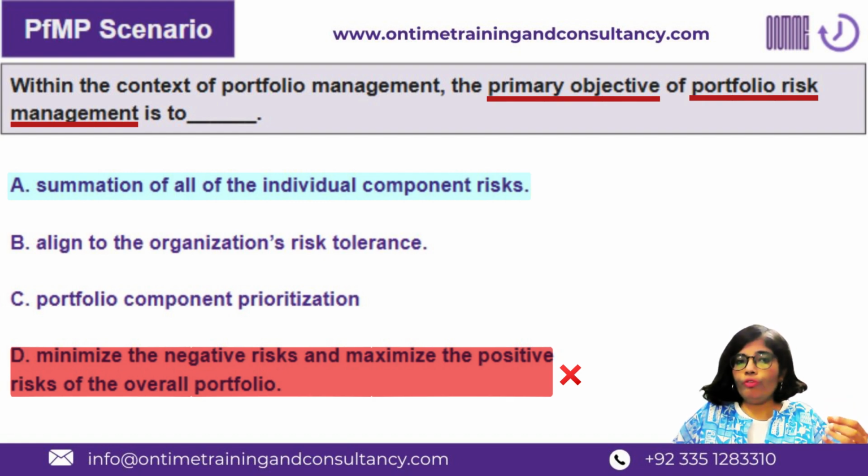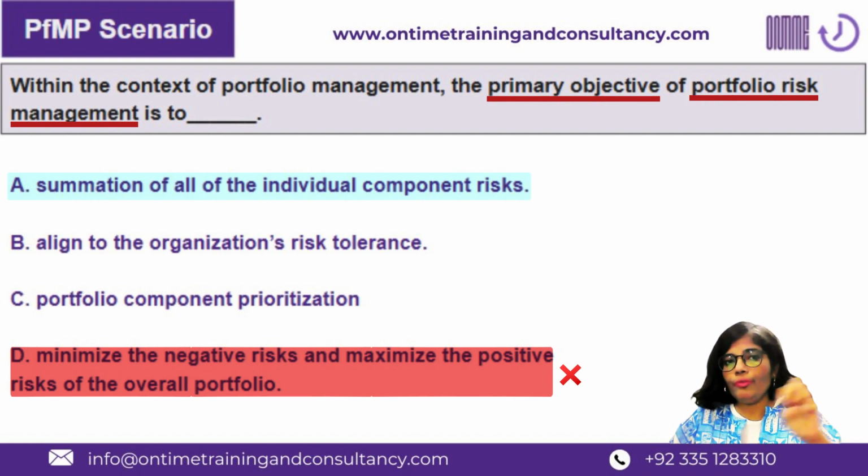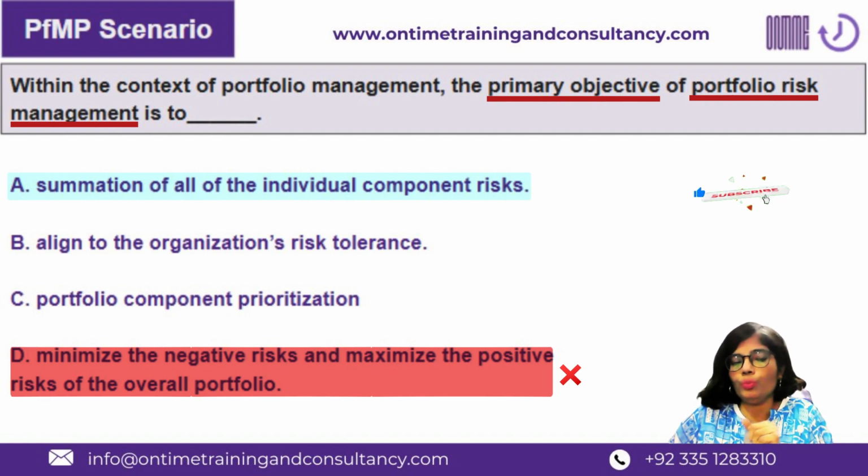If the portfolio risk register is representing the summation of the different project risk registers or program risk registers in the portfolio, then what's the big deal about it? What value addition is portfolio risk management really doing in that case? Nothing. Or in other words, what are the project or program risk managers really doing, if they just forward all the risk to the portfolio level? Right? This is how we see it.